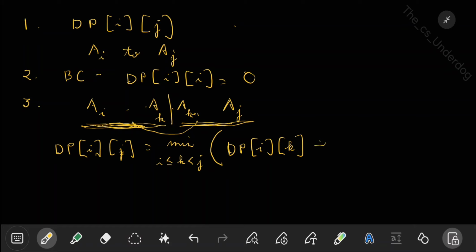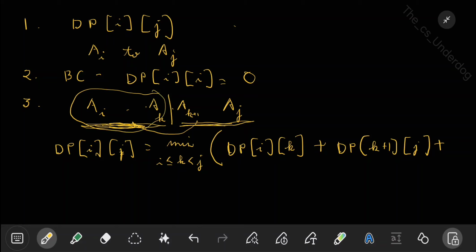So dp[i][k] plus, what about the right side? It will be dp[k+1][j] plus, what will be the last factor? The last factor is the total number of scalar multiplications required in order to multiply the resultant matrices.